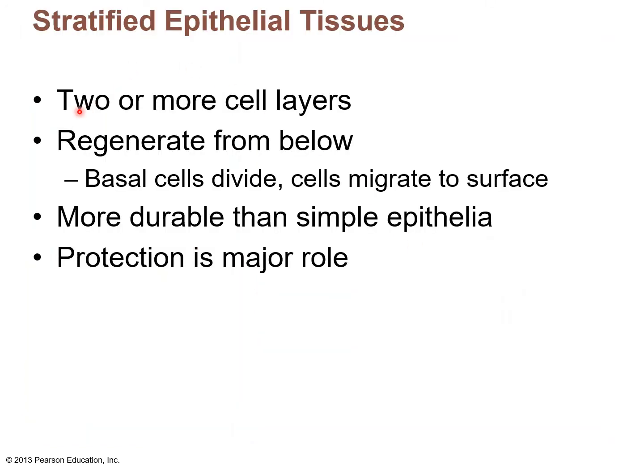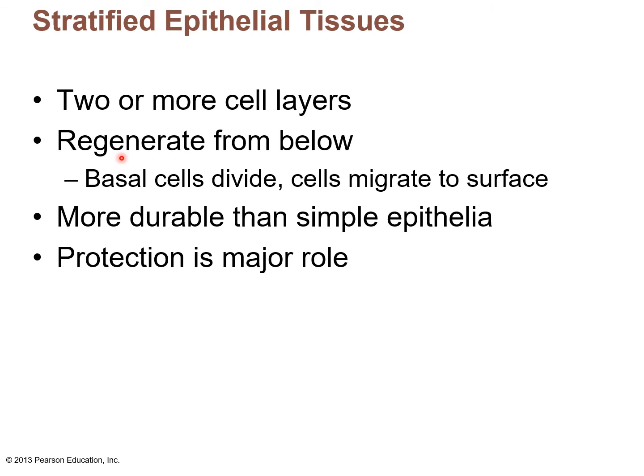Now, if you do have two or more layers of cells, then we are going to call it stratified. Usually when stratified tissues regenerate, they regenerate from the bottom and the new cells keep rising until they reach the top.